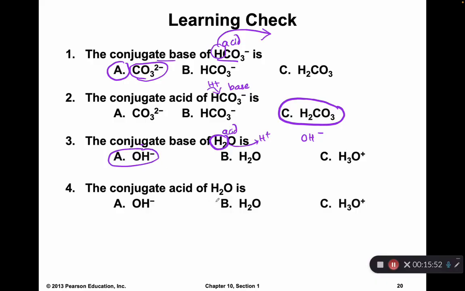If the question asks you to write the conjugate acid of water, it means right now water is a base, right? Water is acting as a base. So add H plus to it. When you add H plus, it becomes hydronium ion. So hydronium ion is the conjugate acid of water.